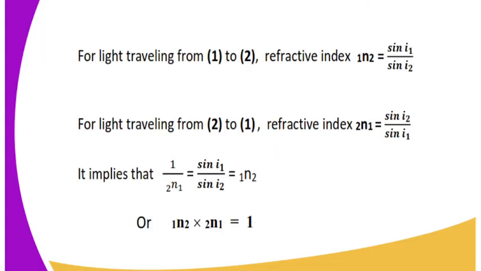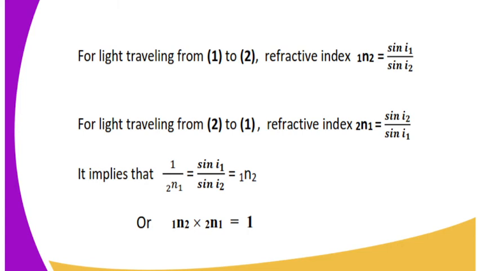For light traveling from 1 to 2, the refractive index is noted as 1n2. That means light comes from medium 1 to medium 2, which is equivalent to the sine of the angle of incidence at medium 1 over the sine of the angle at medium 2.